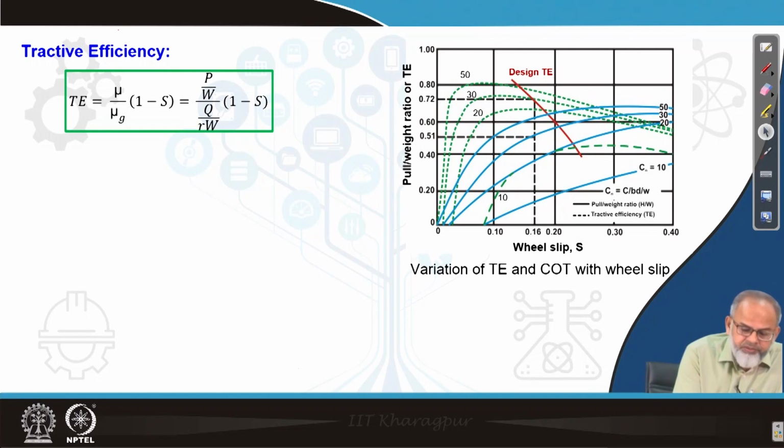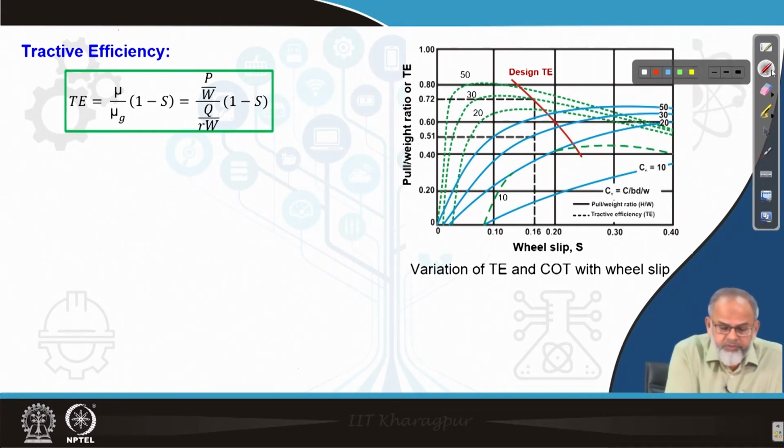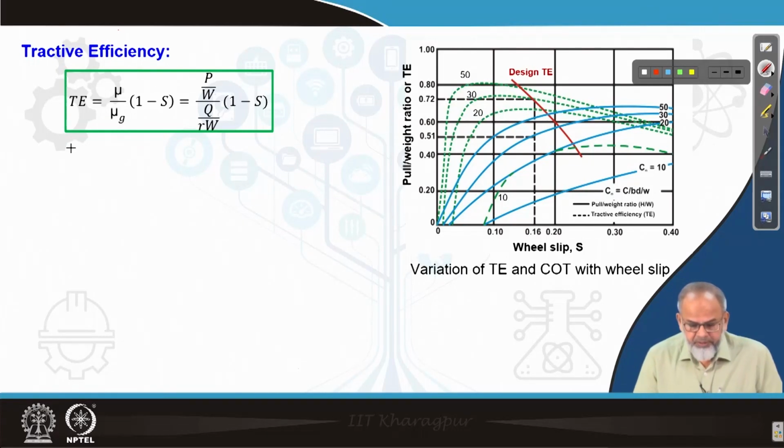So, tractive efficiency is equal to mu upon mu G into (1 minus s), where P by W is the coefficient of traction and the denominator is Q upon RW, Q by R being the tractive force divided by W. This is basically derived from fundamental equations.